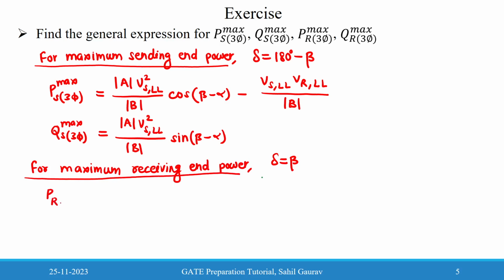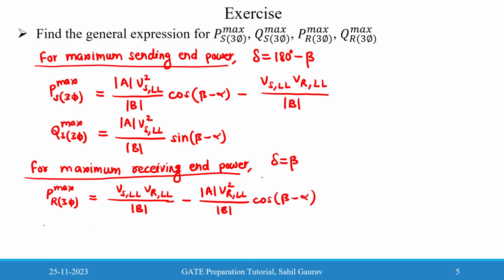So the maximum PR is Vs LL VR LL divided by mod B, sine will not come here, minus mod A VR LL square divided by mod B cos(beta minus alpha), and QR three phase max will be minus A VR LL square divided by mod B sin(beta minus alpha).